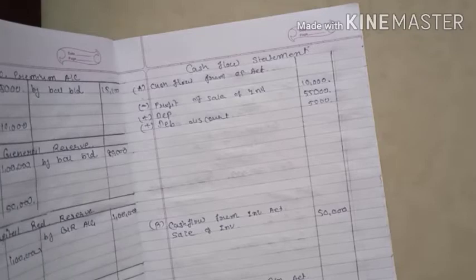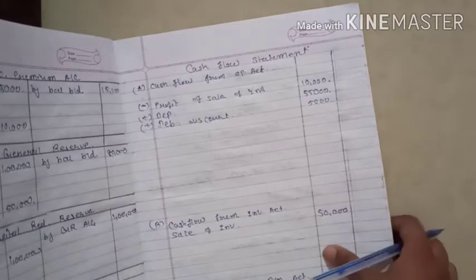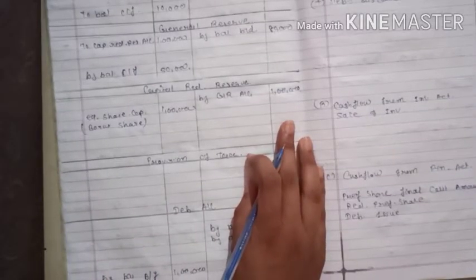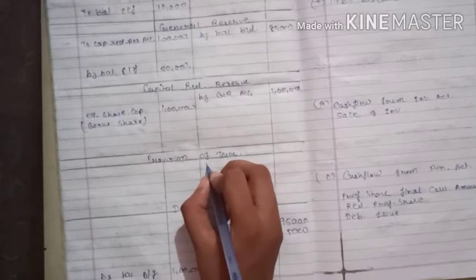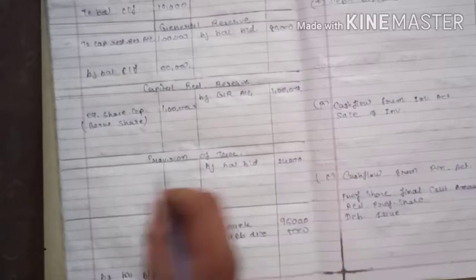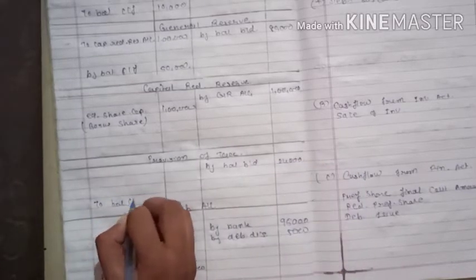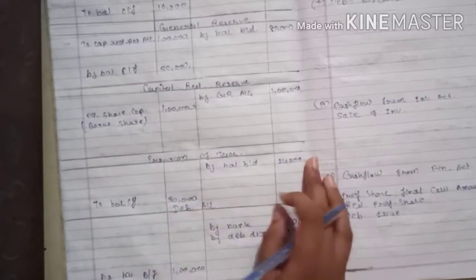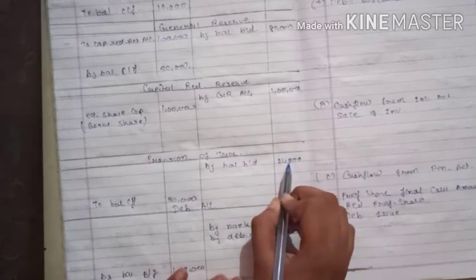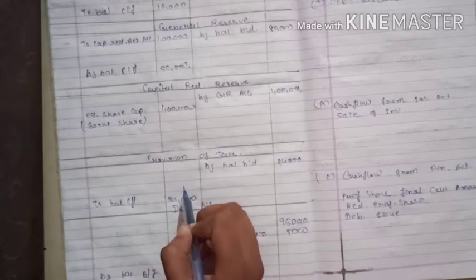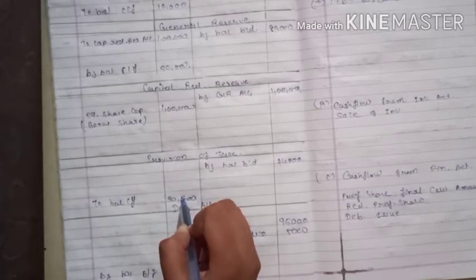Then last, 25,000 has been paid as tax for the last year, and the proposed dividend of the last year is also paid. So let's find out from the provision for taxation, the opening balance and closing balance. By balance brought down it is 24,000, and to balance carry forward is 30,000. That is, 24,000 tax is paid and 30,000 is a new provision for taxation that has been made.